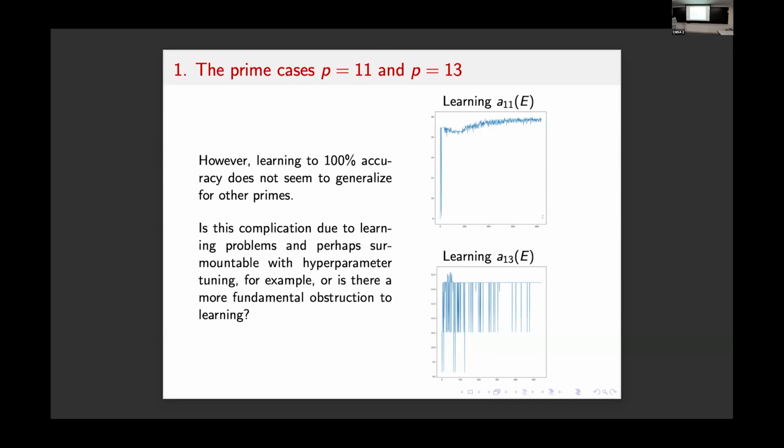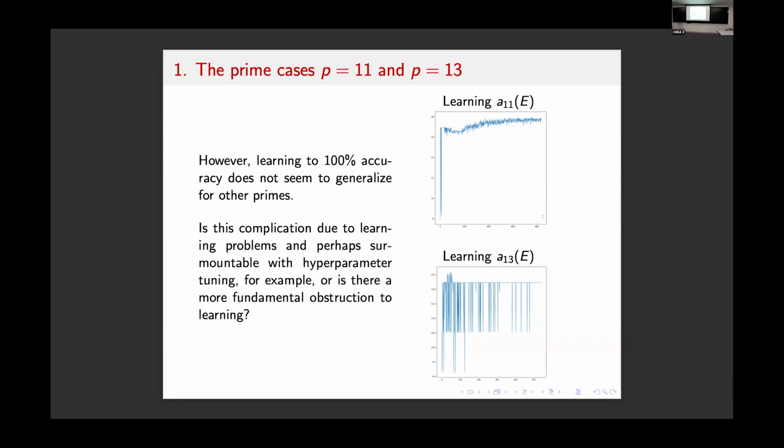This is what we tried for A11, changing the learning rate from 10 to the -4 to 5 times 10 to the -5, so halving it. And it wasn't just choosing one of the options, but it wasn't really learning either. With just 10 to the -4, it just bounces between the options. So learning to 100% accuracy doesn't happen, but it's not clear if any learning happens here, really.